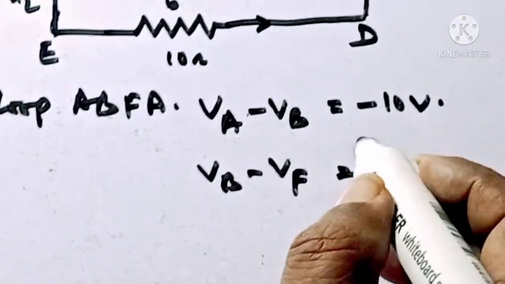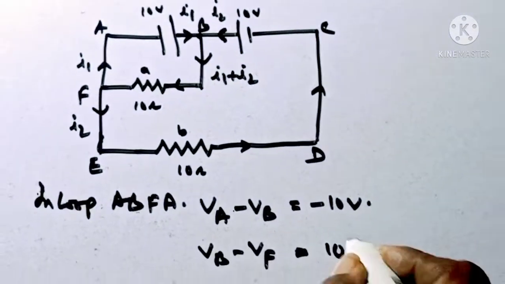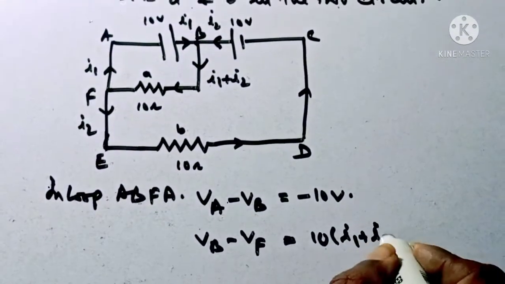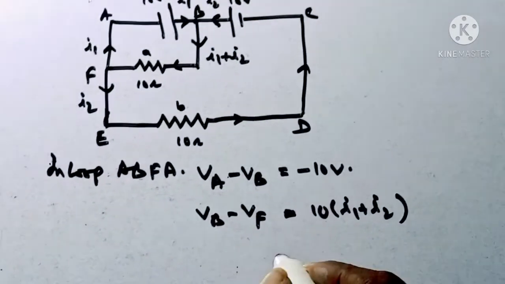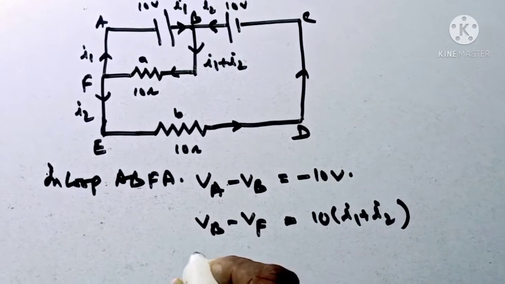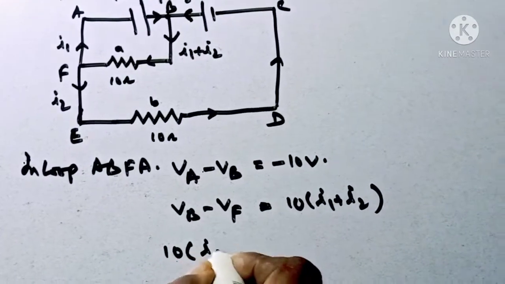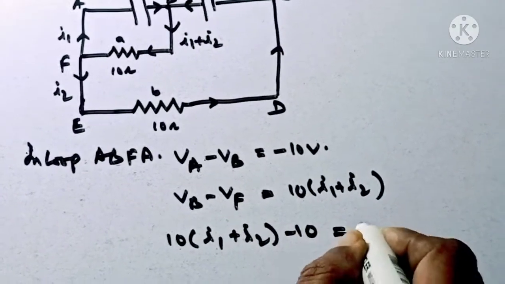So now here this will be 10 times (I1 plus I2). According to Kirchhoff's law, your total will be 0. So 10(I1 plus I2) minus 10 is equal to 0.